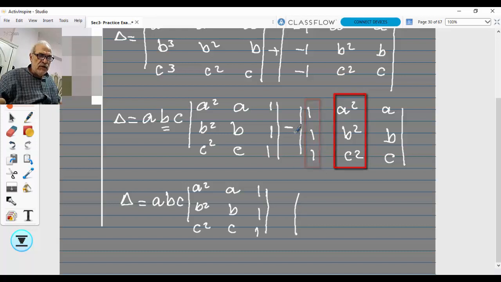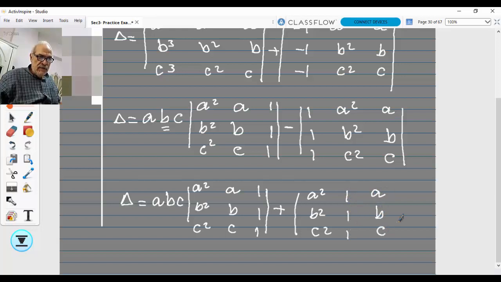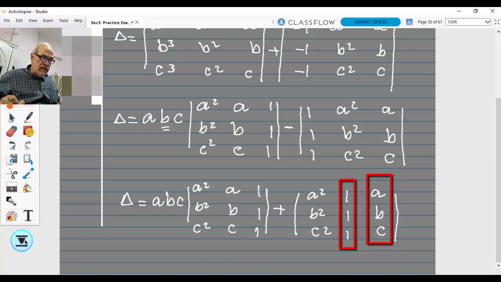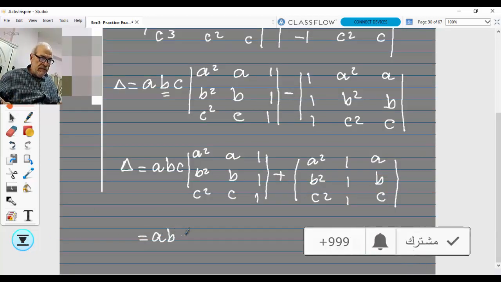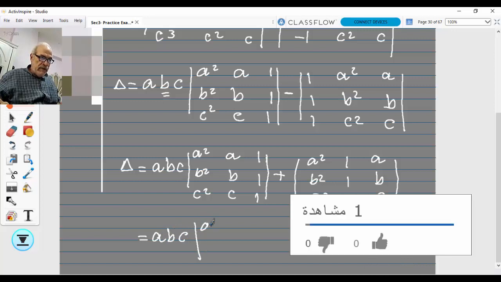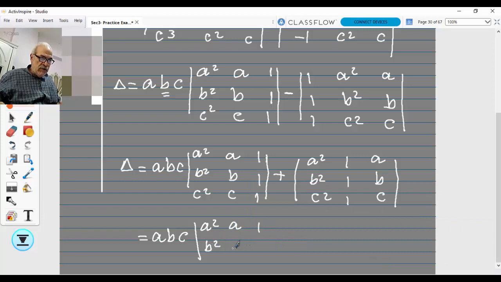First, you must change this sign. It will be positive. Here we have A square, B square, and C square, and 1, 1, A, B. And we will interchange the two places of C2 and C3. What do you get? We have A, B, C, A square, A. It is the same determinant without any change.